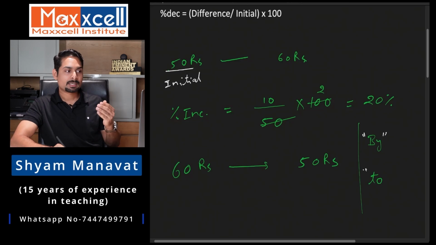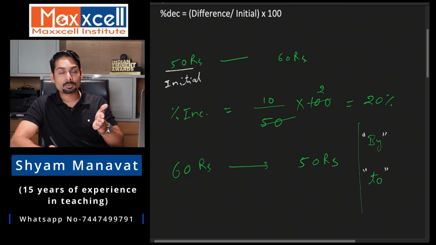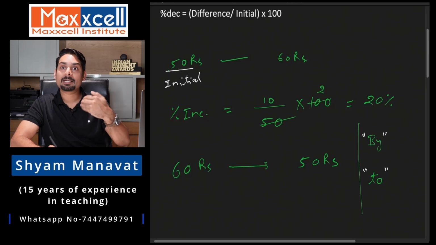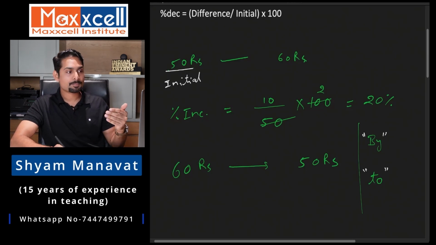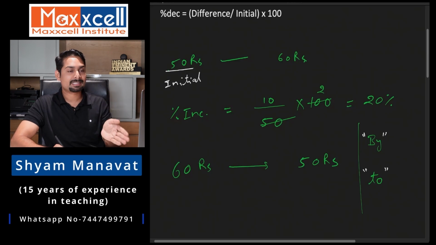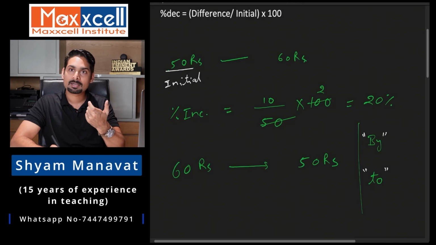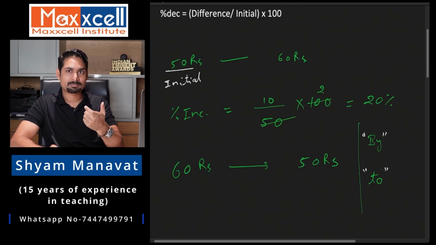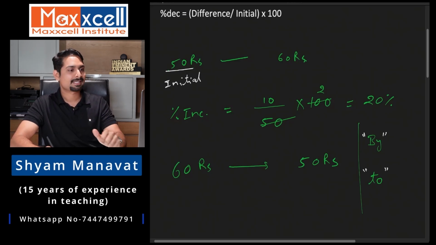If I say the price was 60 and decreases to 50, that means it became 50. The price has now become 50, right?